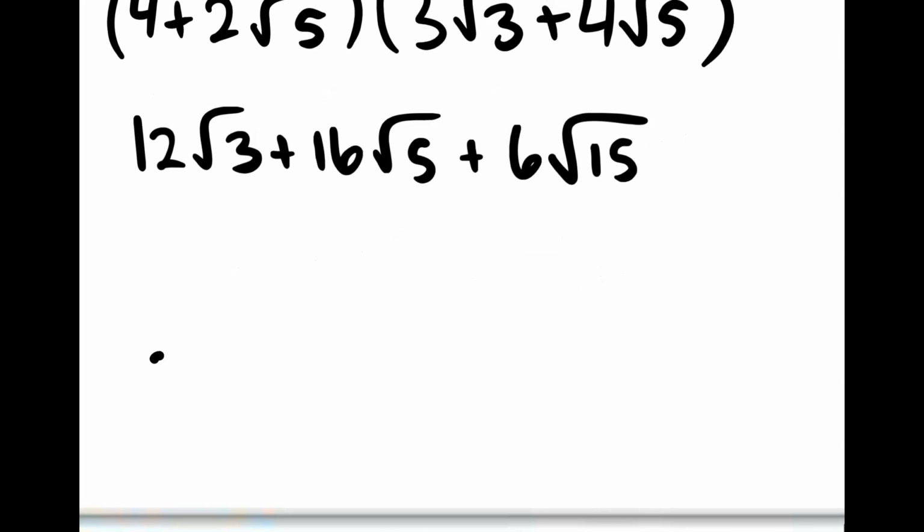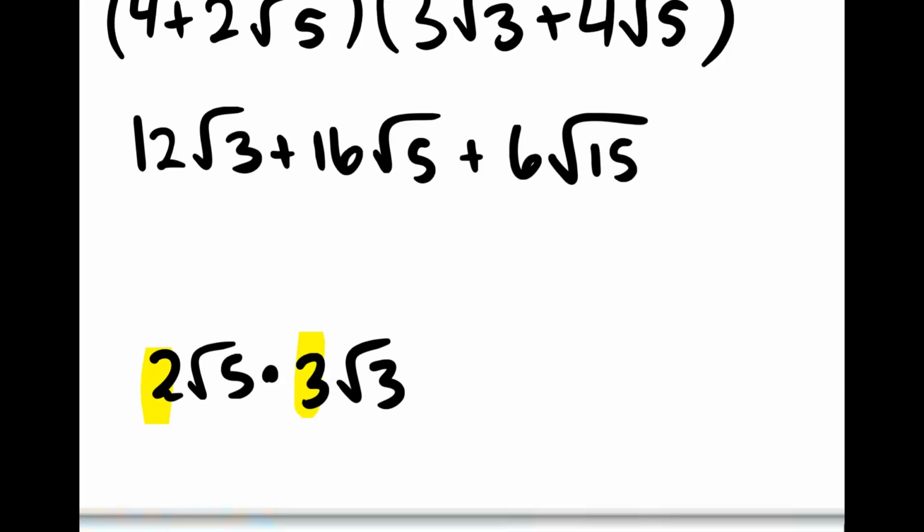So if I have 2 root 5 times 3 root 3, this is the inner. What you have to do is multiply the coefficients together, and then what's under the radical. Only if you're multiplying the radicals can you multiply what's inside the radical. And last, 2 root 5 times 4 root 5 is going to be 8 times root 5 squared.